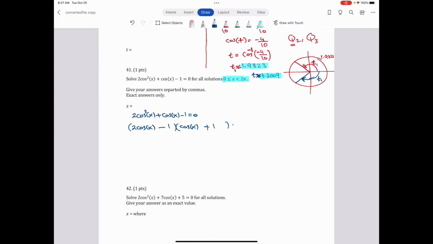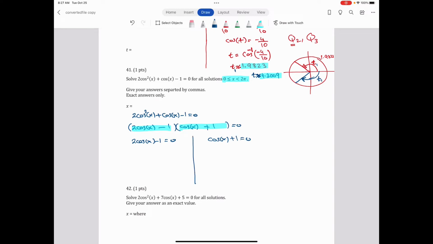Equals 0. I have two quantities whose product is 0. That means either the first one is 0 or the second one is 0. So either 2 cosine x minus 1 equals 0 or cosine x plus 1 equals 0.